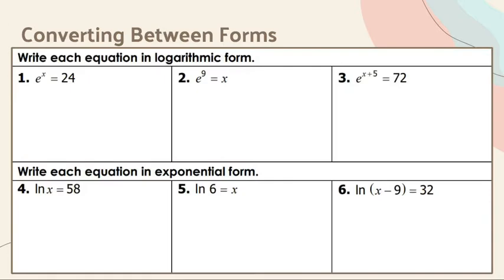When we convert between forms, we do this the same way as when we converted regular logarithms. So e to the x power equals a is going to be the same as natural log of a equals x, because this is log base e of a equals x.